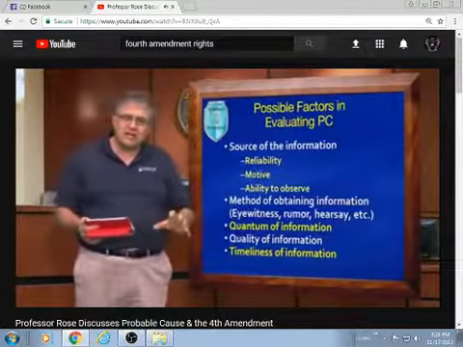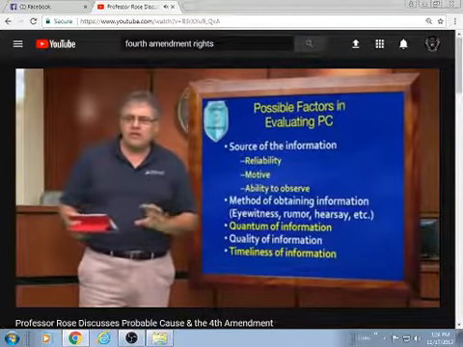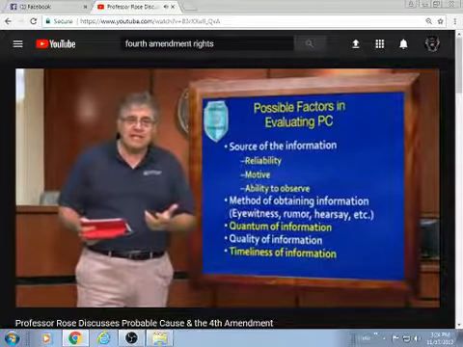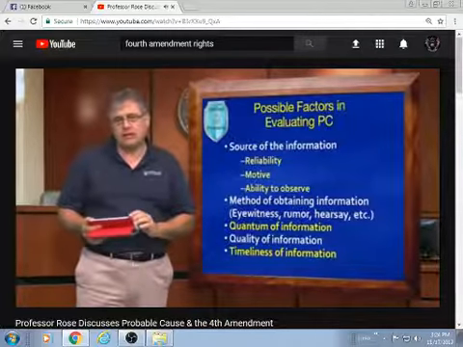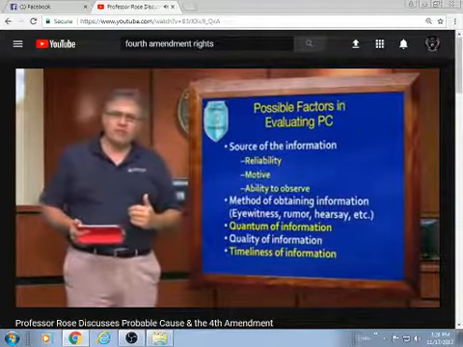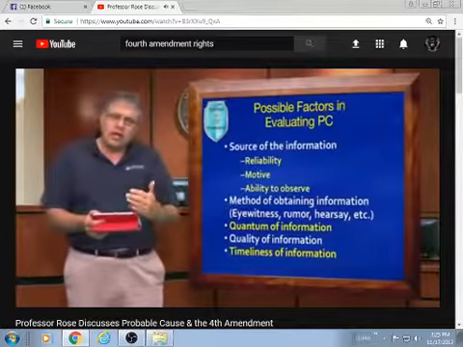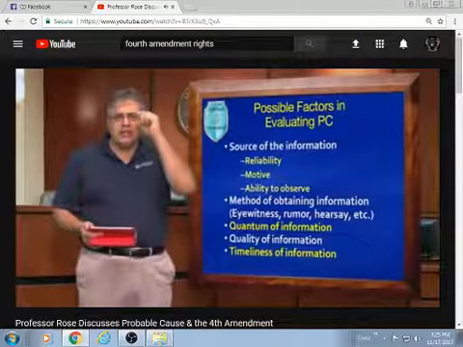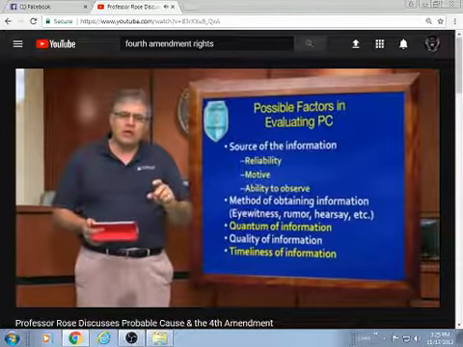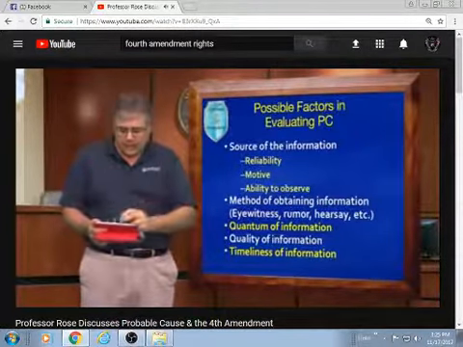The quality of the information that was provided. Think of this as the detail, and how correct the detail is. And then the timeliness of the information, because if the information is old, if it's already passed, if it's been overcome by events, so to speak, it's really not going to be useful to the police officer in getting probable cause.